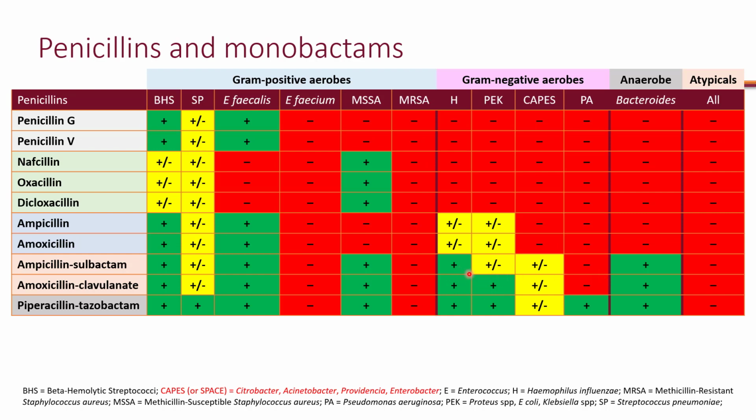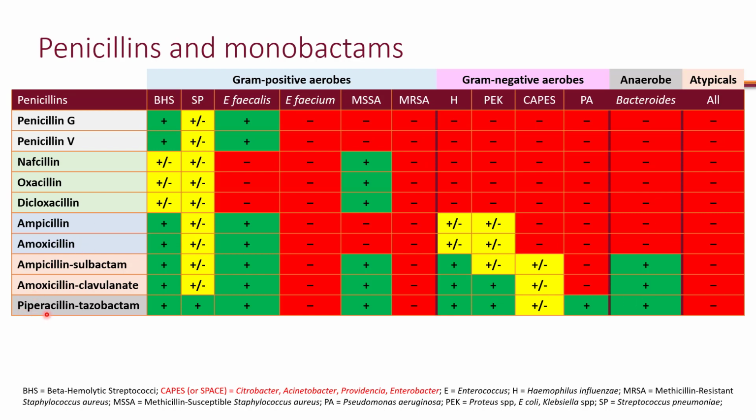And more importantly, they also gain activity against bacteroides, which are anaerobic organisms. Bacteroides also make penicillinases that pretty much kill the majority of penicillins, but the ones that have beta-lactamase inhibitor, including piperacillin-tazobactam, they gain activity against bacteroides. Now, bacteroides become very important when we talk about intra-abdominal infections.